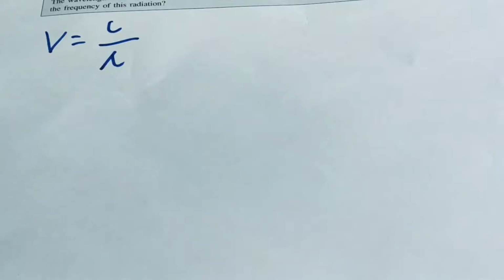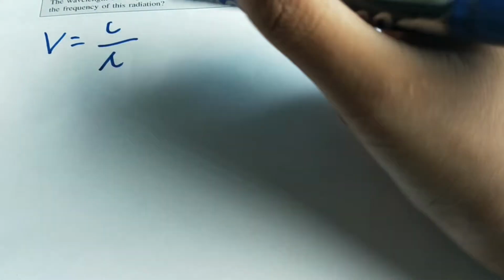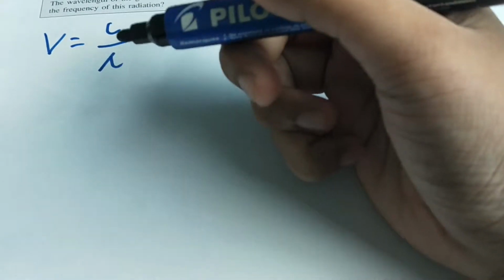Basically the original formula is v equals u over lambda, but because this is a light wave, we change it to c.